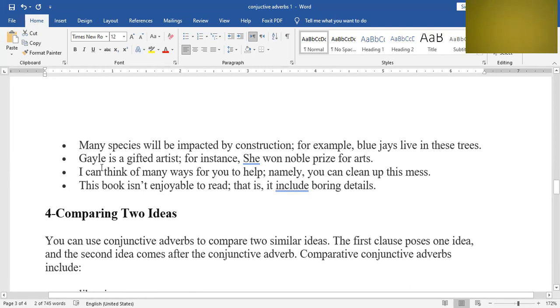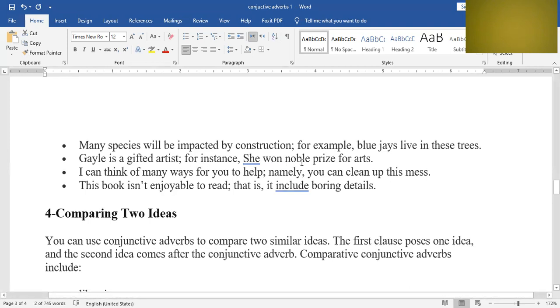Okay? Gail is a gifted artist. How do you support the idea? You say, for instance, she won the Nobel Prize for Arts. She's a gifted artist. How to support or how to explain that she is a gifted artist?